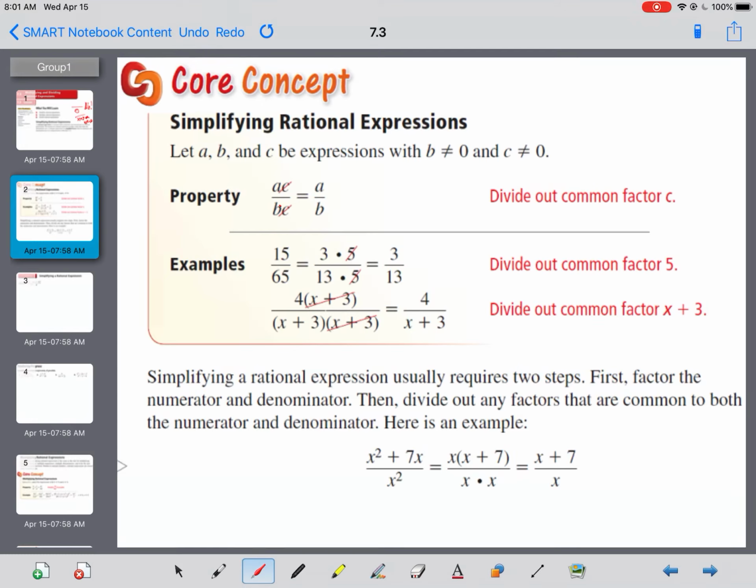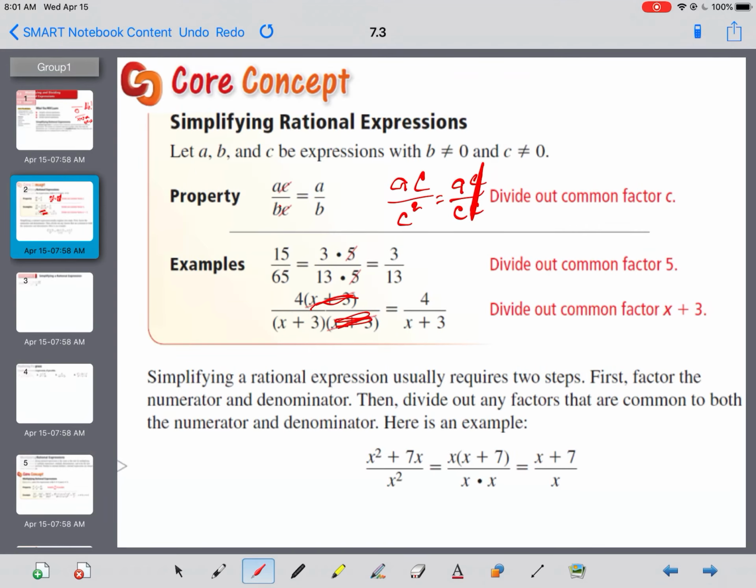The same can be said of things that have expressions in them, because each expression is like its own piece. I know it's got a lot of parts to it, but it's its own piece. So 4 times x plus 3 is like A times C, and then that's over C times C. So if we had A times C over C squared, or A times C over C times C, those C's cancel out and we just have A over C. That's what's happening here.